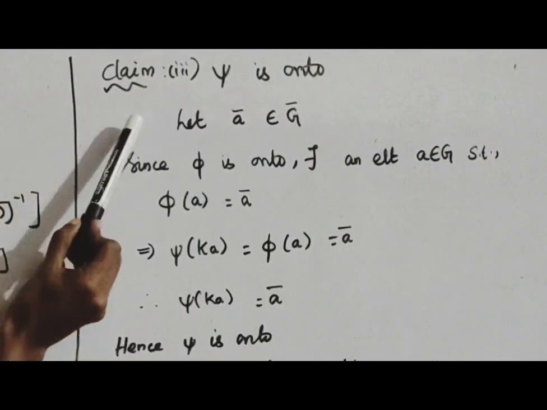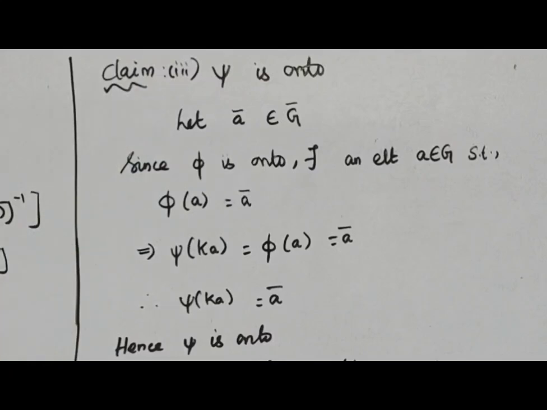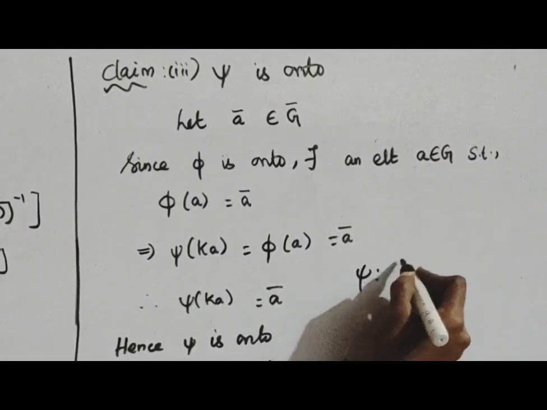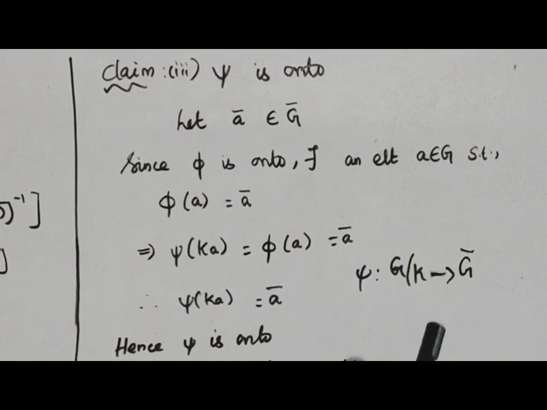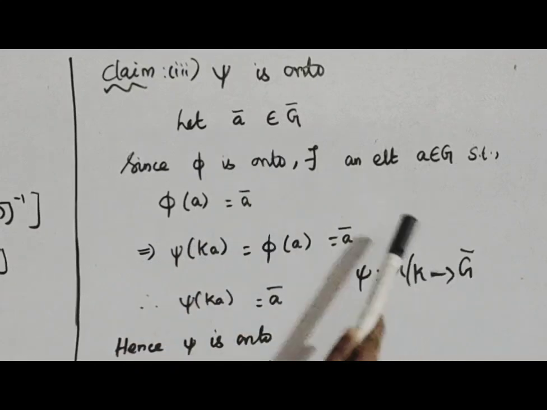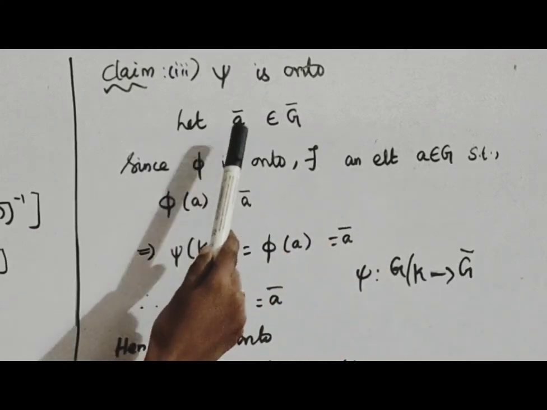Next, third claim is psi is onto. What is onto? A mapping psi from G over K to G bar is onto if every element of G bar has a pre-image in G over K. Let us choose one element from G bar, that is a bar.